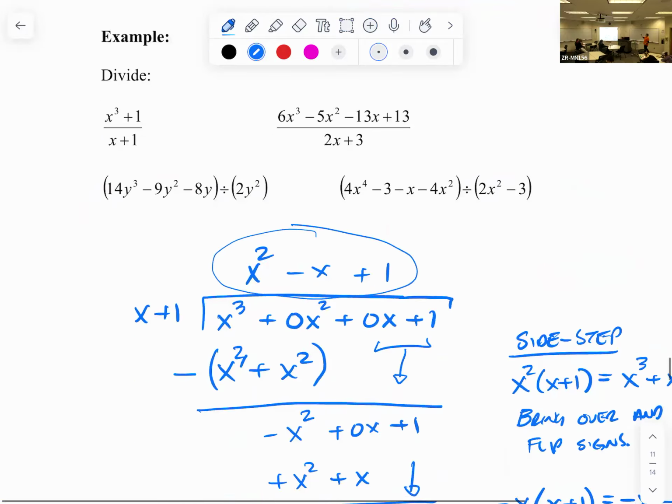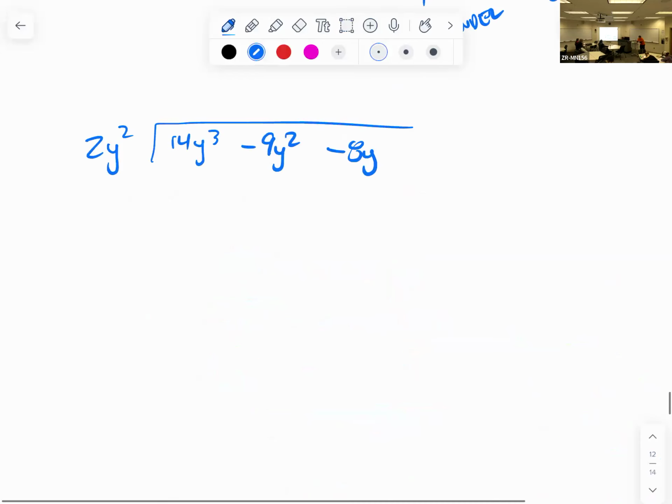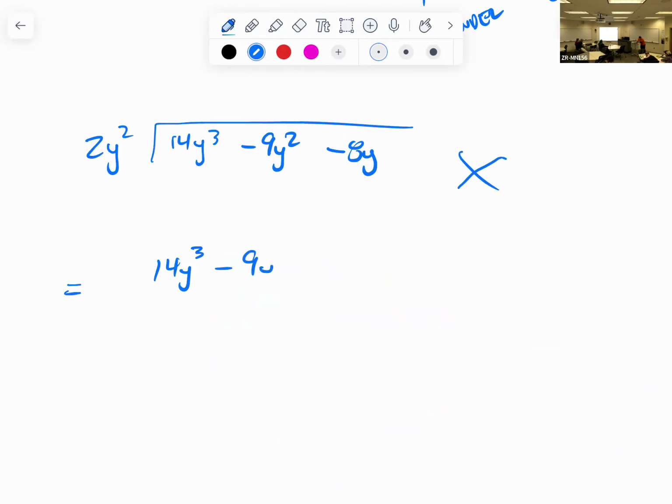Even though it's written as divided by that piece, everyone wants to do long division on it. Don't make it harder on yourself. This actually shouldn't be written this way. It should be written this way.